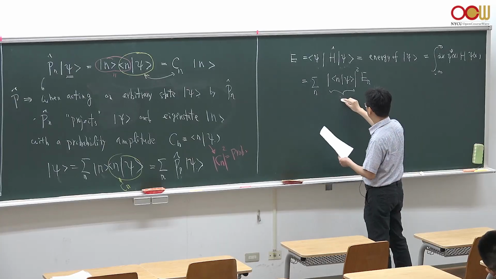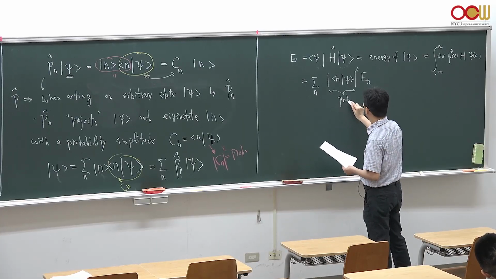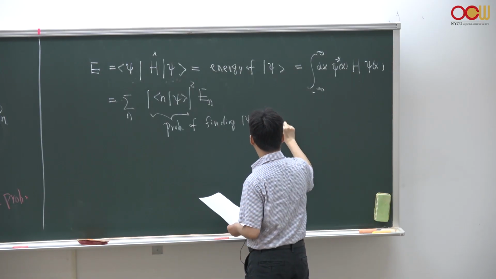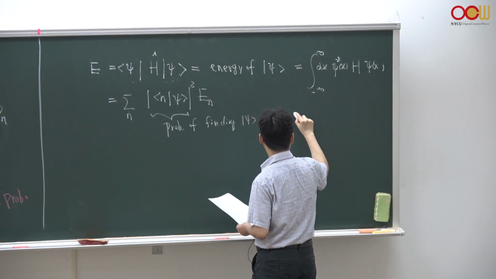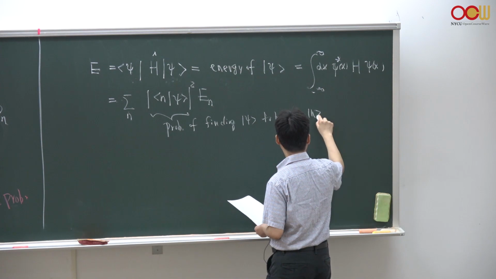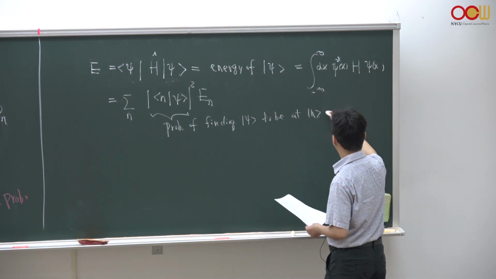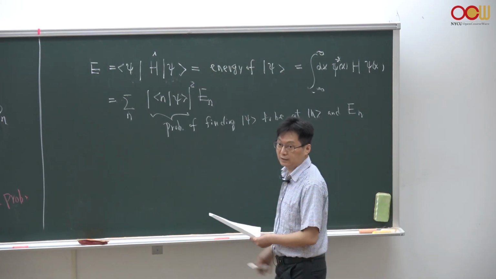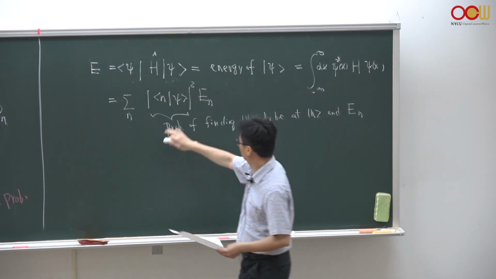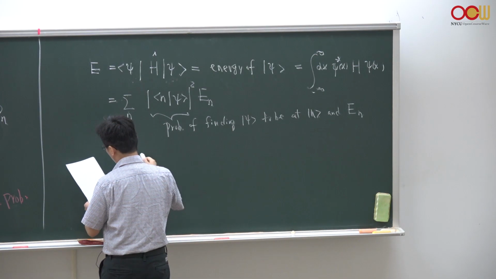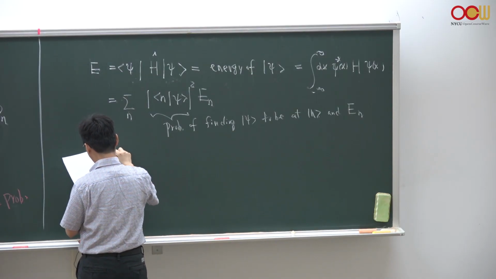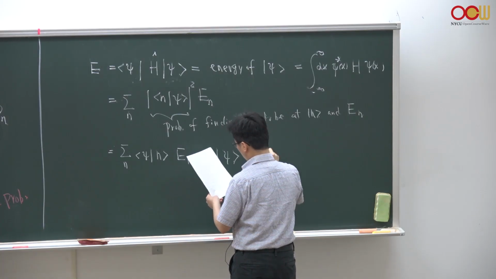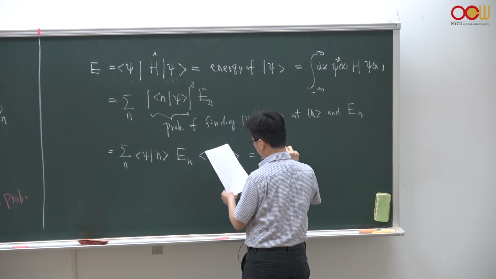This is nothing but the probability of finding the state to be at n eigenstate with eigenvalue En. But I can rewrite this well-known result in terms of a projection operator.